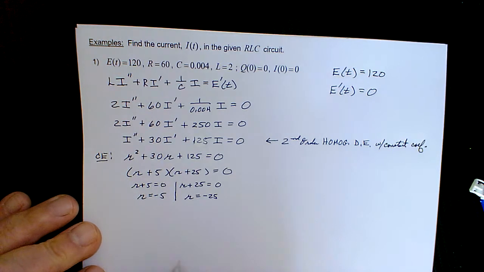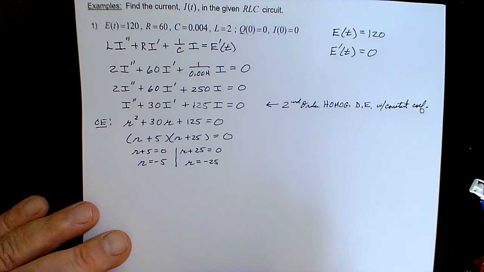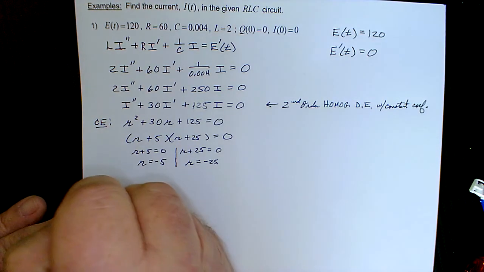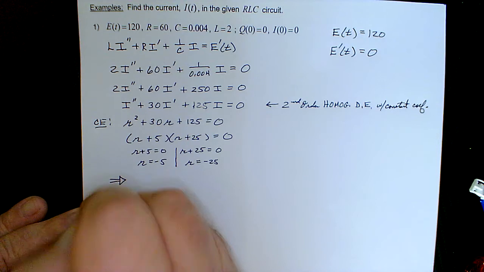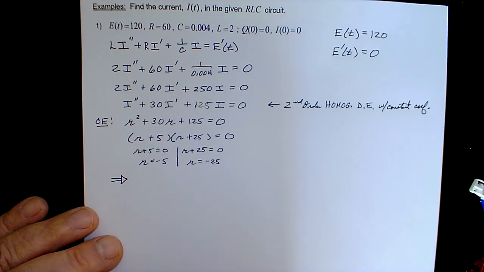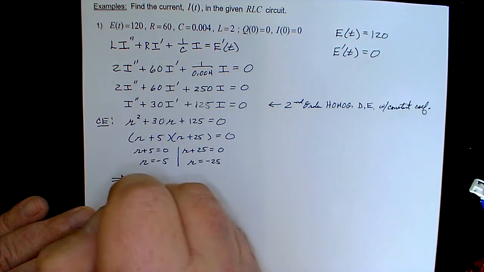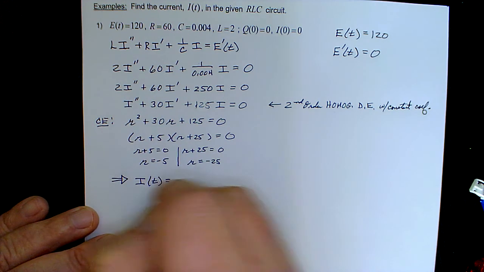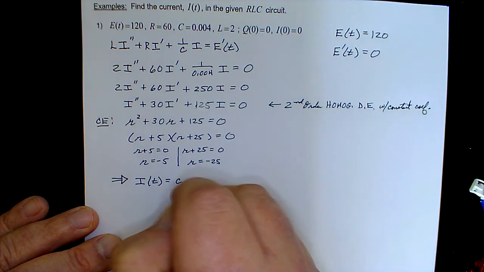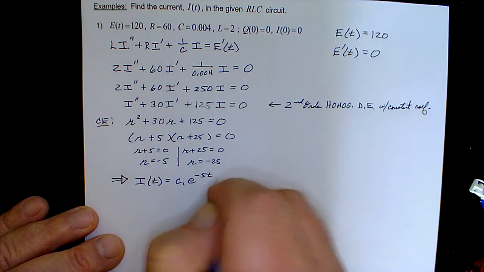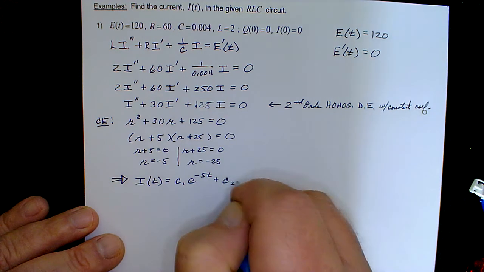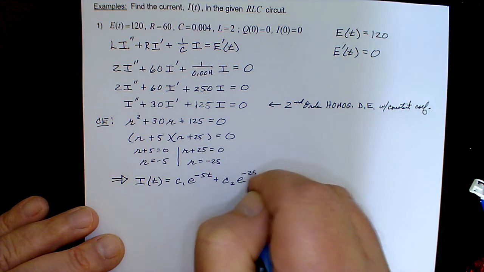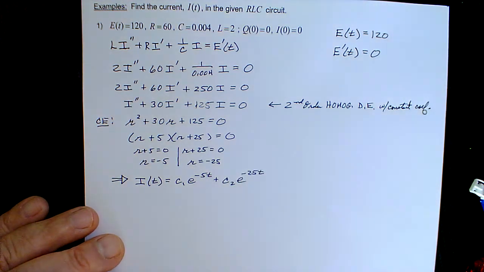Therefore, since these roots are real and distinct, the equation for I, I of t if you like, is going to be C1 e to the negative 5t plus C2 e to the negative 25t.